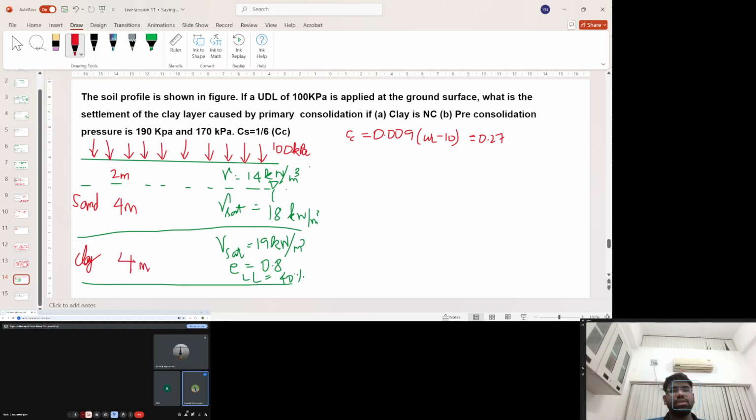Okay. All right. So next, we know the E value here. We need to find sigma naught dash, which will be 14 into 2 plus (18 minus 10) into 4 plus (19 minus 10) into 2.